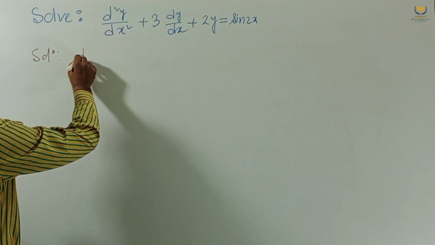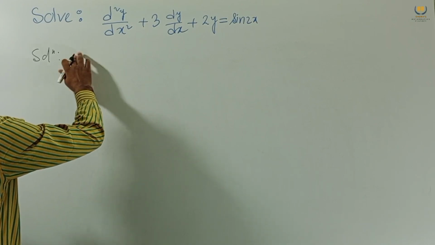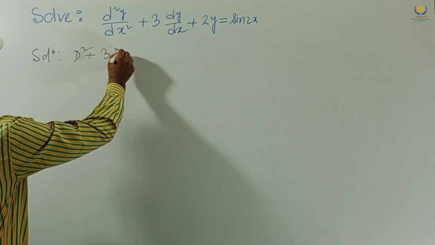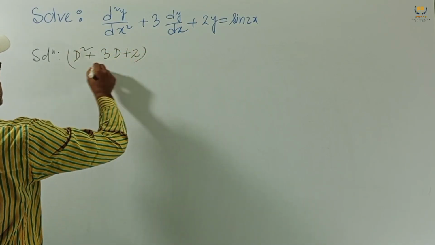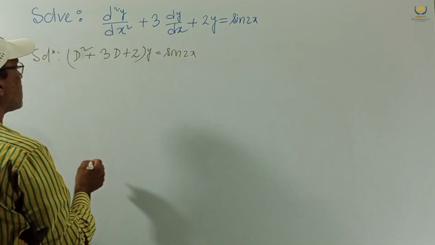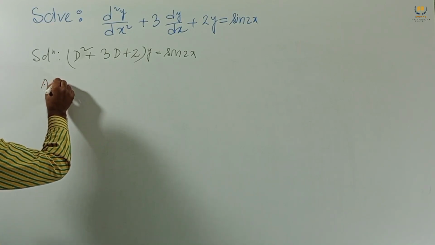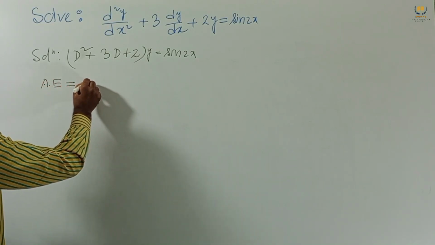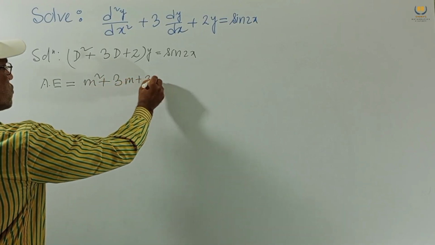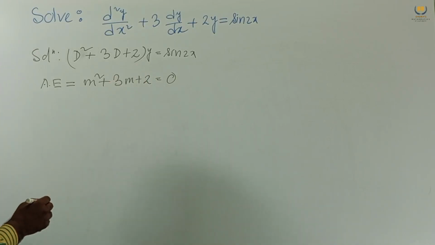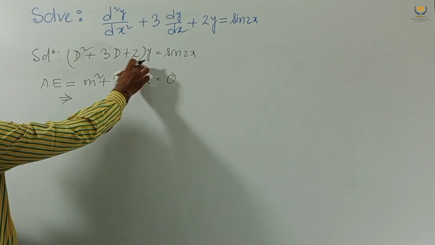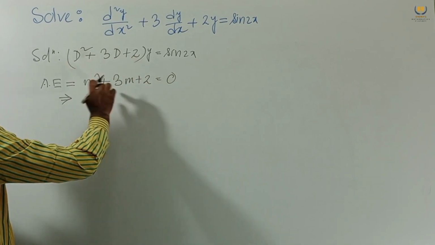For this we can write (capital D square plus 3 capital D plus 2) y equal to sin 2x. Then the auxiliary equation, in place of D we put m: m square plus 3m plus 2 equal to 0.